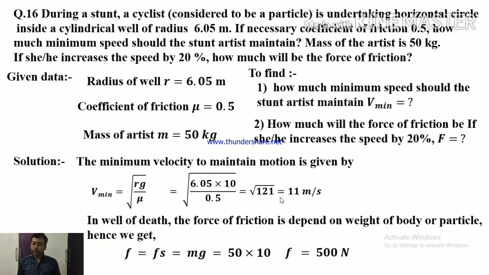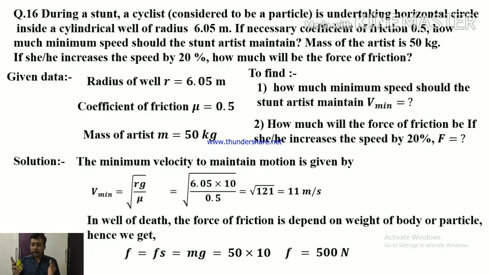Here the weight of body is 500 Newton, and we are given how much will the force of friction be if she or he increases the speed by 20%. So note down here, the total force is 500 because the force of friction depends upon weight of body and not on the velocity of the body or particle.